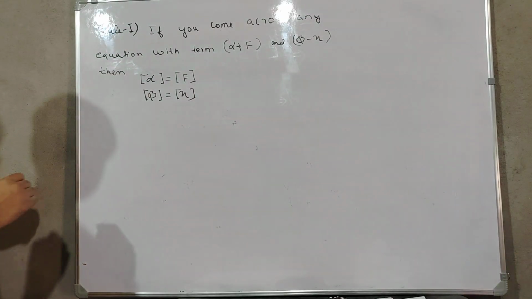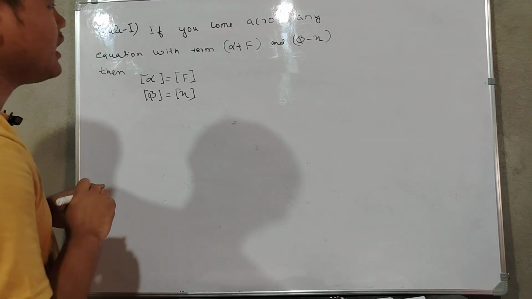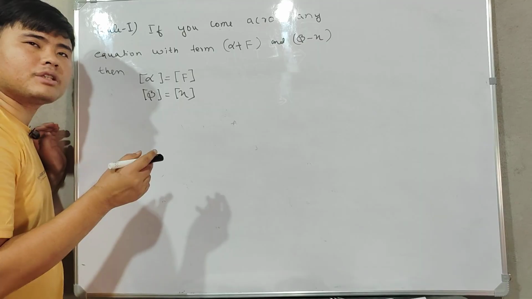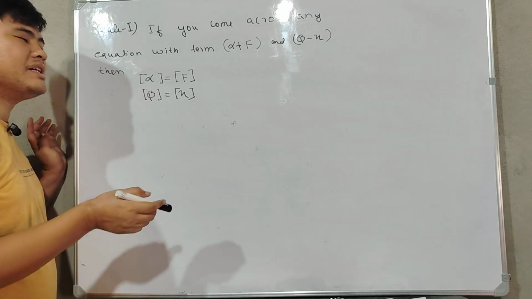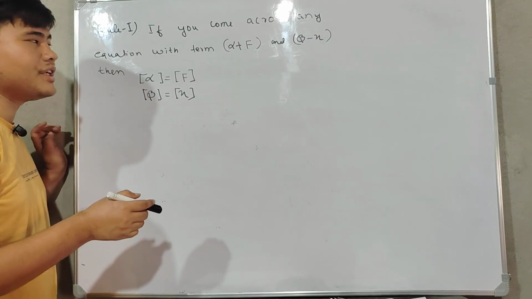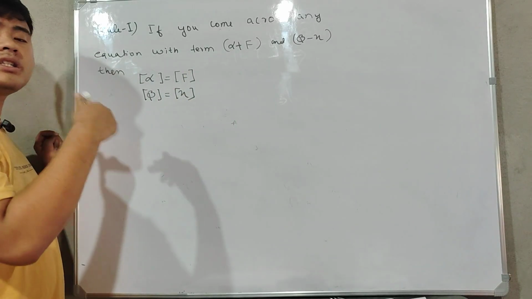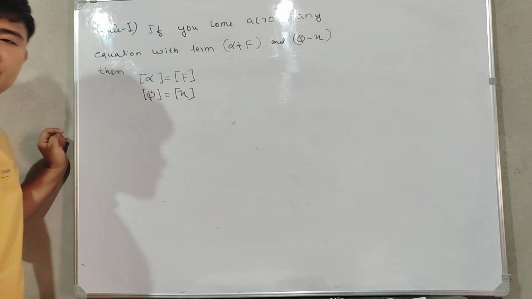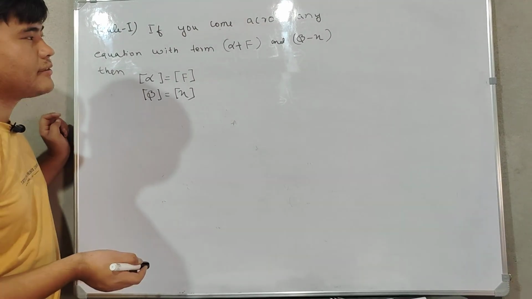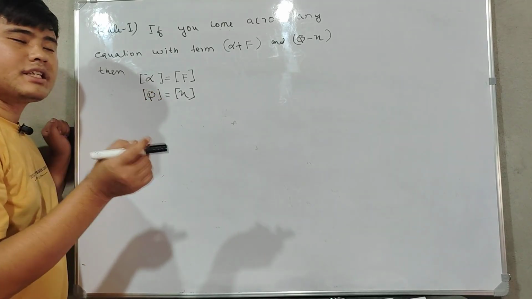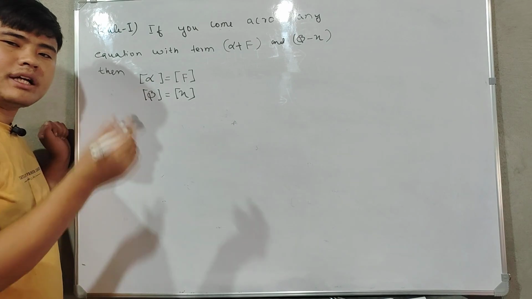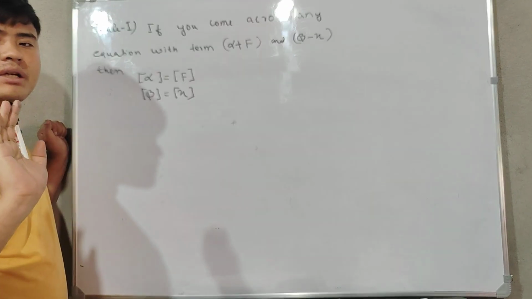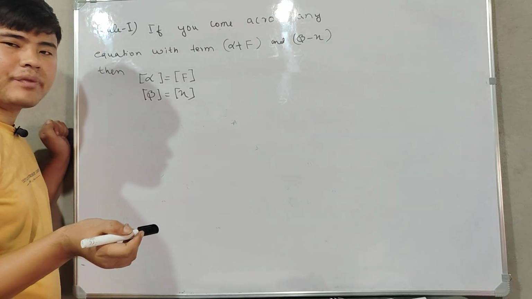So what it says is, if you come across any equations when we are solving to find the dimensions, whether the term is in the denominator or in the numerator, wherever addition or subtraction is taking place, then the added and subtracted terms will have the same dimensions.